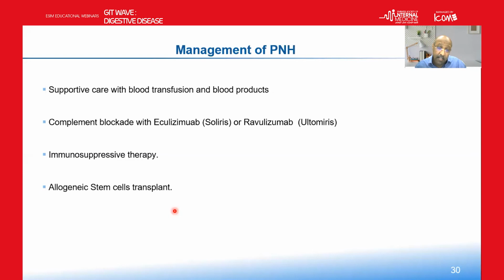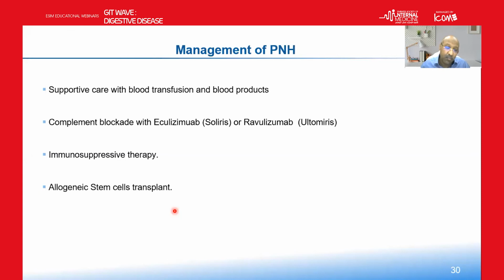It blocks C5 of complement, but now we have moved on because we have the long-acting version of it, which is called ravulizumab. Soliris, you have to give every 2 weeks. So patients have to come every 2 weeks to the infusion center for the rest of their life to control the complement. Now ravulizumab can be given every 8 weeks.